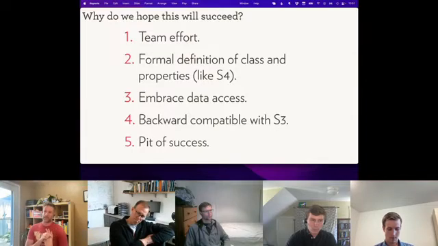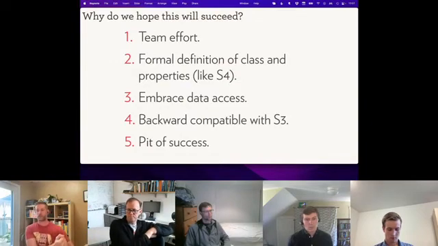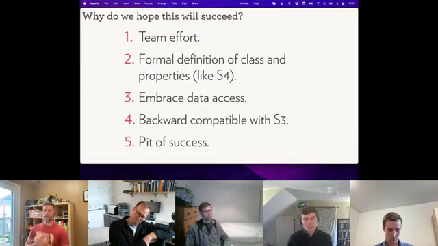S4 tried to do that, and I think ultimately it didn't succeed because R is fundamentally a language about data. If you can't access the data you want deeply nested inside some object, you get really frustrated and you will do whatever you need to do to get that data out. And because R is such a flexible language, you really can do that. So rather than trying to fight against that, we've embraced it.